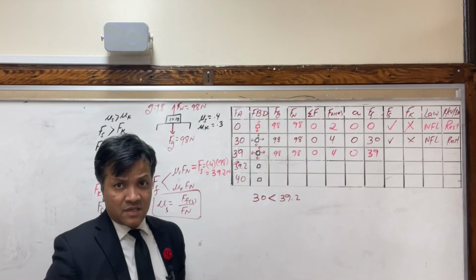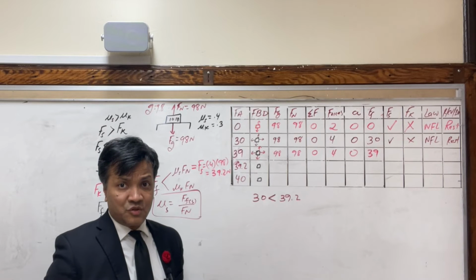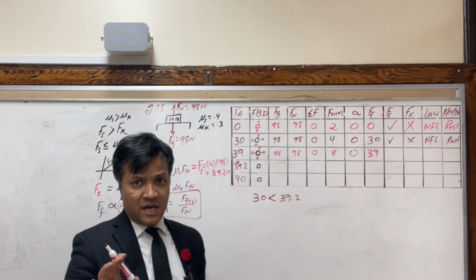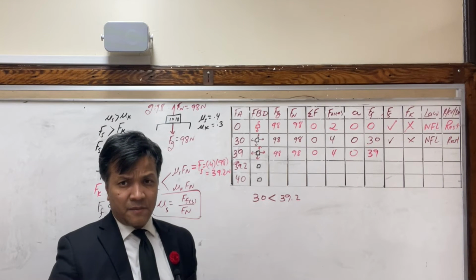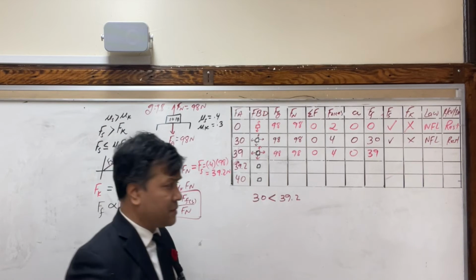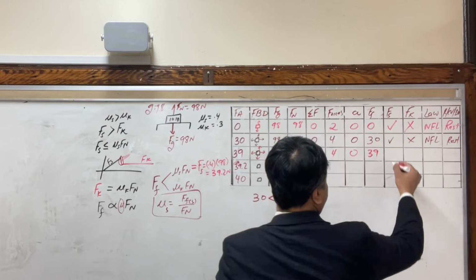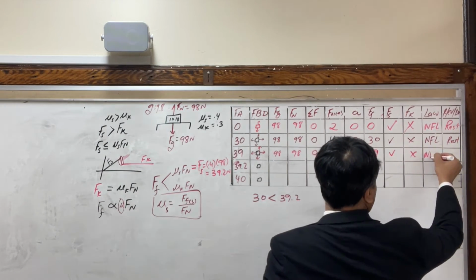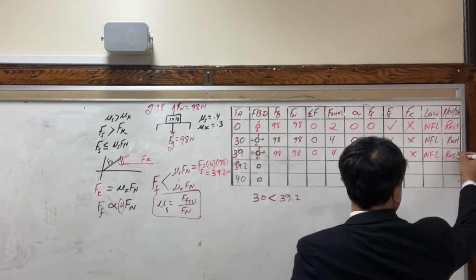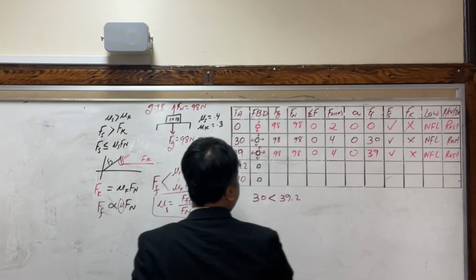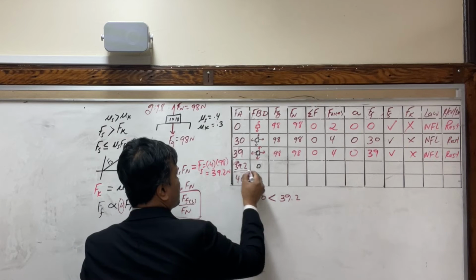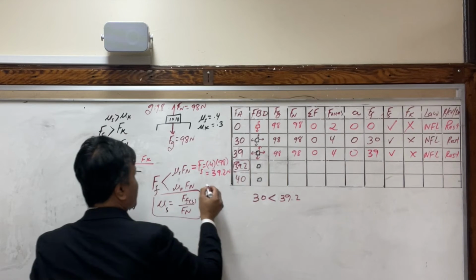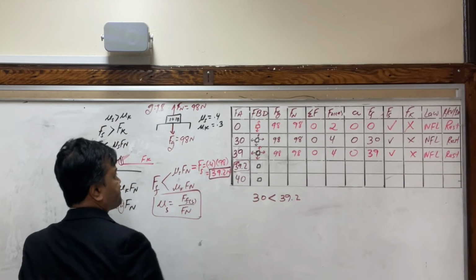The object's maximum limit is 39.2. Even if you apply 39.999999, the object won't move. Newton's first law, rest.